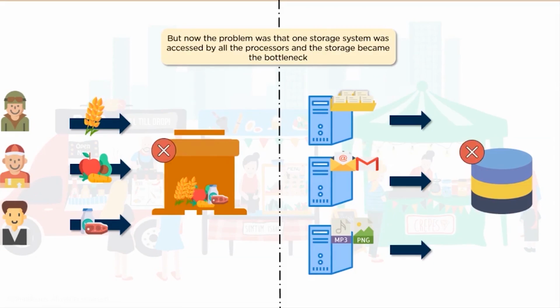Now what happens is, when you think of having multiple systems which can be used to store or process your data, one of the major challenges is that one storage system being accessed by all the machines becomes a bottleneck. And that is again a problem similar to what Tim was having when he decided to cater to multiple customers looking for different products, but then he was limited by the storage space he had to keep all the products in one place.